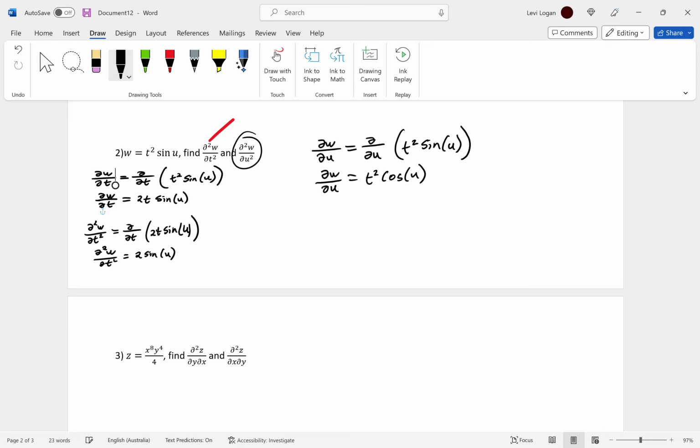Okay, now we've got to differentiate this again, so the second derivative with respect to u, so you can have delta squared over delta u squared, differentiate the entire thing with respect to u.